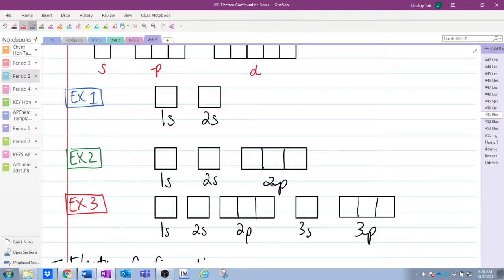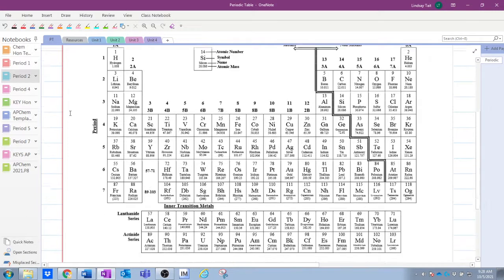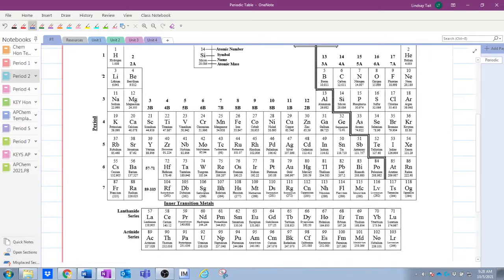So here we go. For example 1, we are going to do the orbital diagram for lithium. The first thing I need to do is get a periodic table so that I can figure out how many electrons lithium has. So here's my periodic table. Here is lithium.